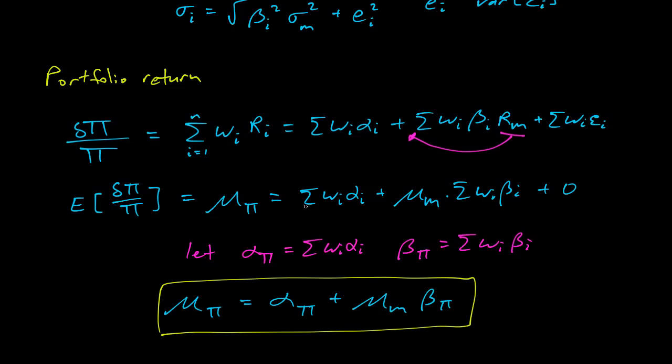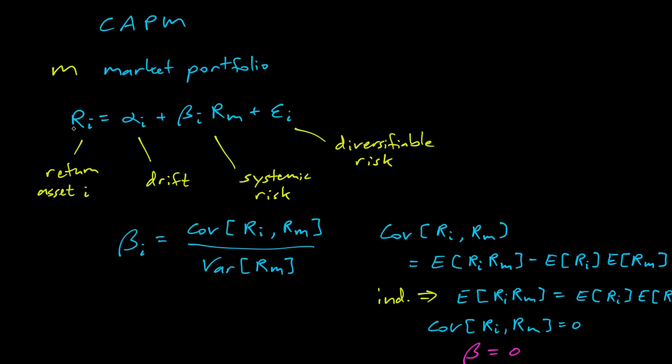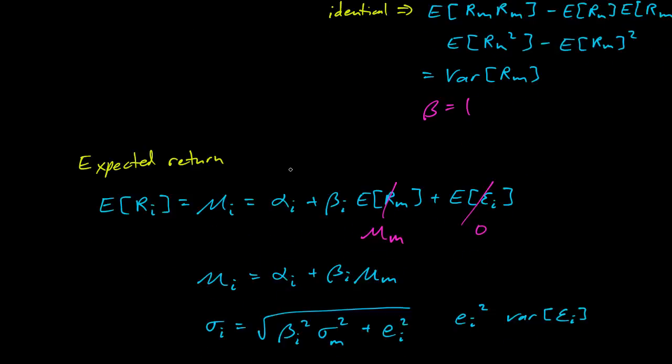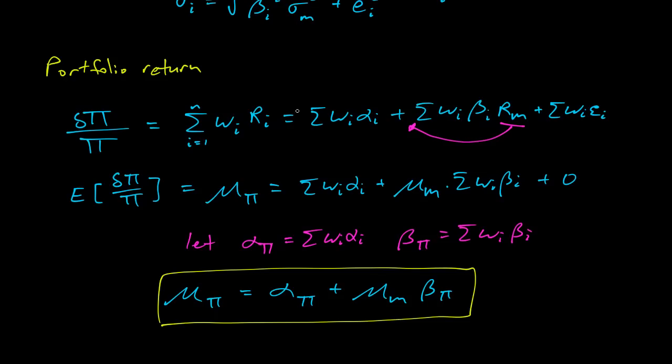All right, so this is pretty cool. What we've done is, under CAPM, the capital asset pricing model, every return has a drift, a systemic risk, and a diversifiable risk. Alphas and betas indicate the drift and the systemic risk, and we have a formula for beta here. We did the math and figured out the expected return on each asset. And then if we hold a whole portfolio with different weights of every asset, we figured out the expected return of our entire portfolio only depends on the weighted alpha and beta of our portfolio.